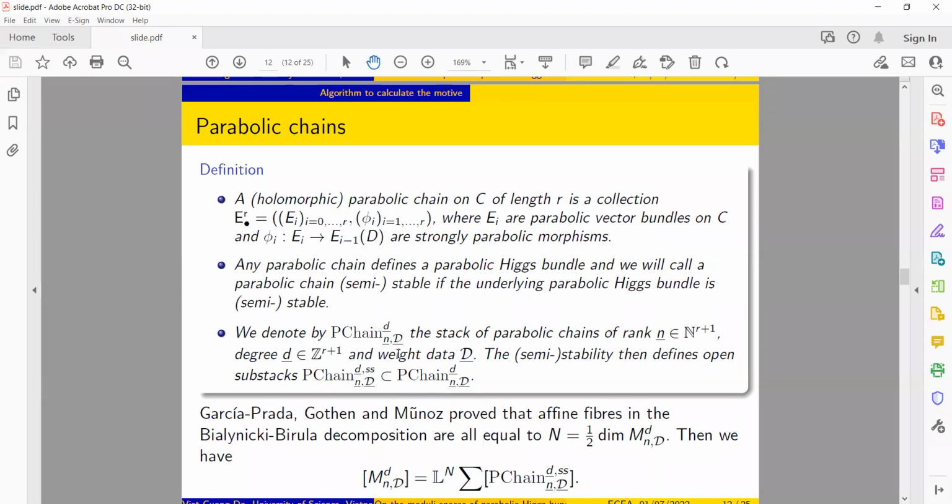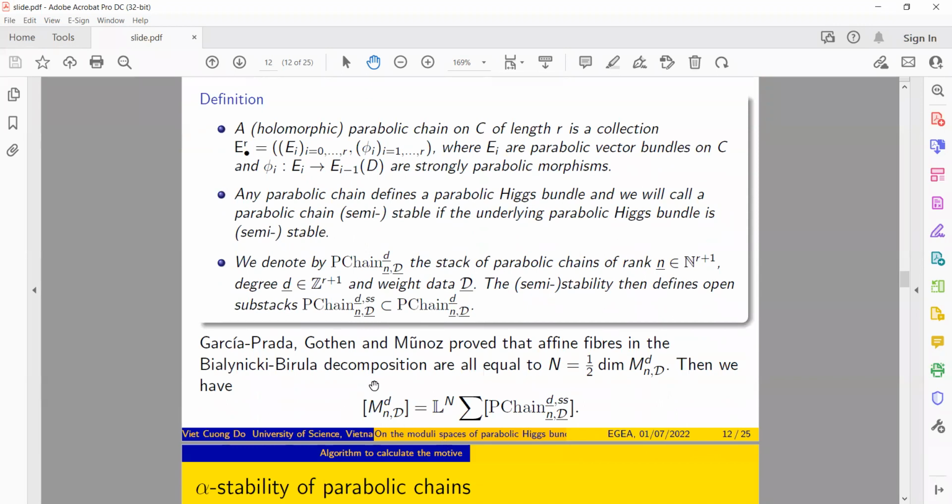And Garcia-Prada, Gothen, and Muñoz proved that the fibers in the Bialynicki-Birula decomposition are all equal, and the number is half of the dimension of the moduli space.